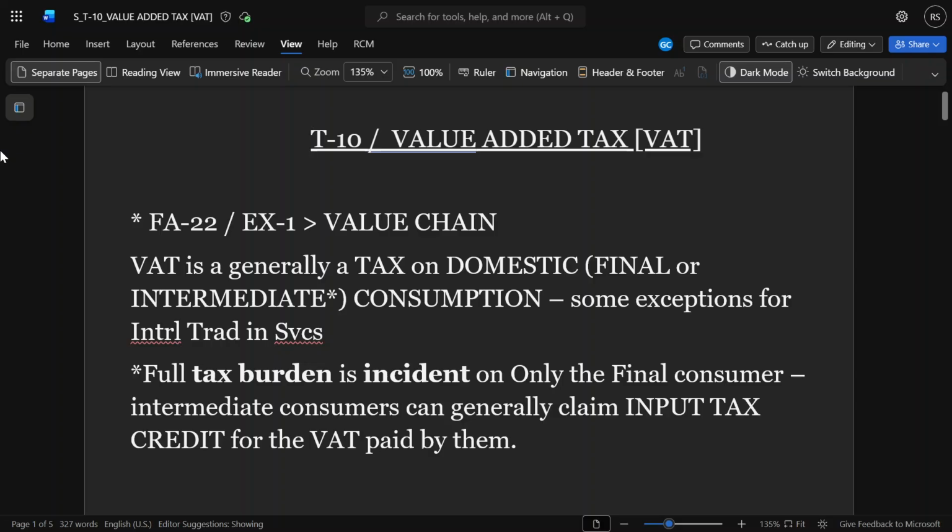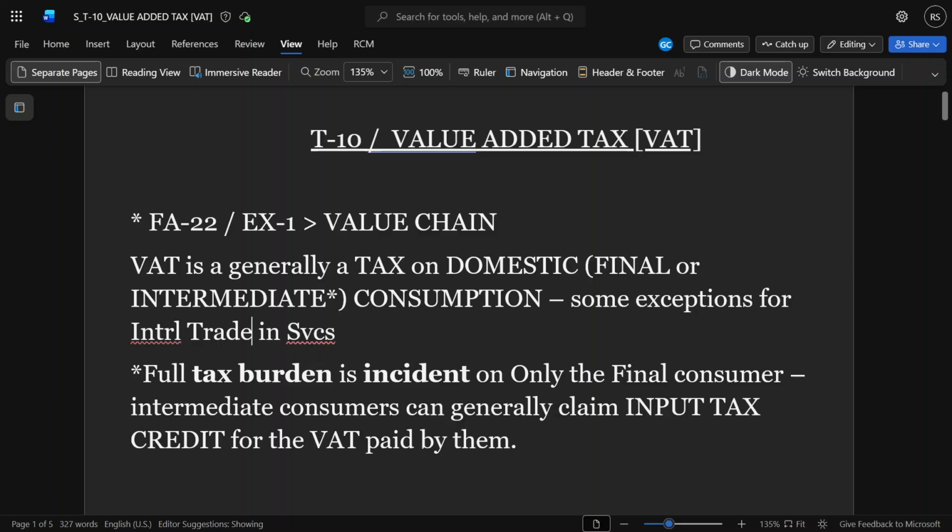The final consumer of the iPhone will be the person who buys it at the Apple store. It can be final or intermediate, and there are some exceptions for international trade and services.